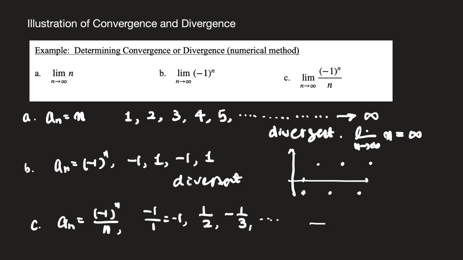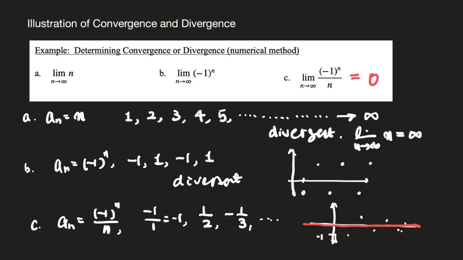Look at this. You want to sketch it here. First term is negative 1. Second term is 1/2. Third term is negative 1/3. Fourth term is positive 1/4. Fifth term is negative 1/5. So getting close to where? Which horizontal line? This one, right? So this limit is going to be 0.